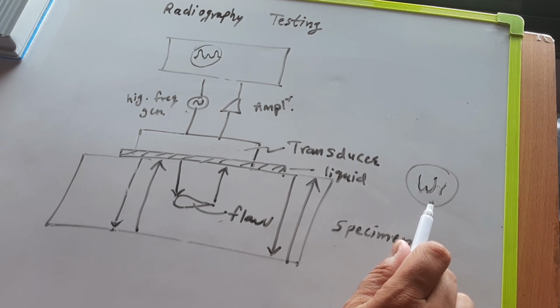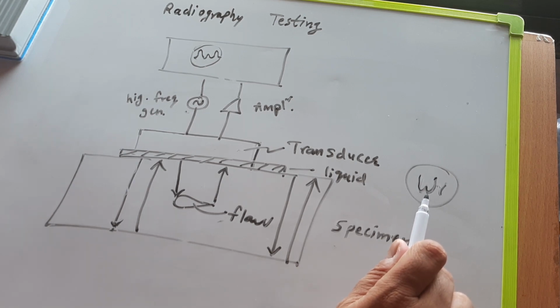From the signal generator, wave is made to travel through the specimen. Reflected waves are received. Time of transit and amplitude is displayed on the CRO. Full stop.